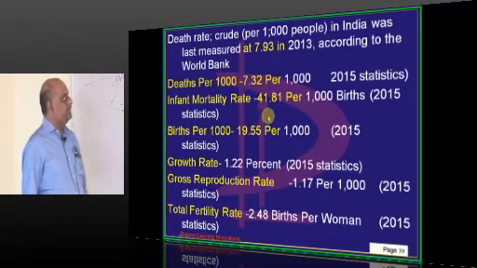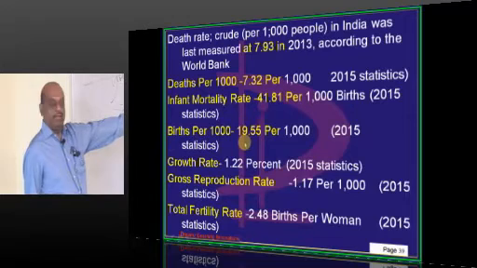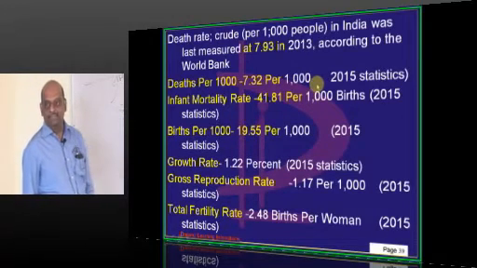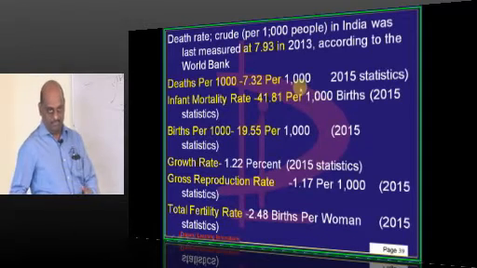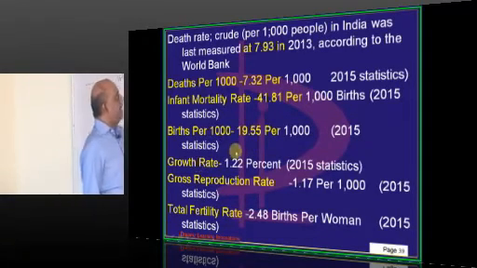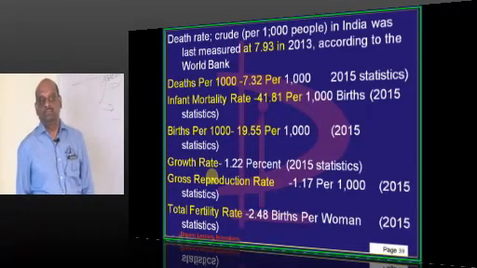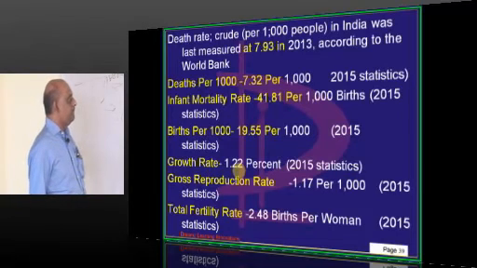Infant mortality. See, how many are getting born, doctor? Around 20. Double that of them are dying. 40. Some better remember. Okay. Then growth rate is 1.22.